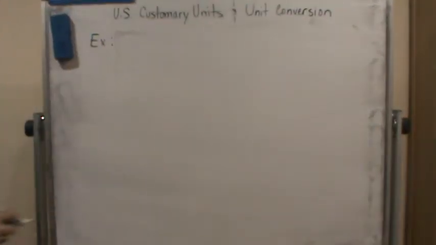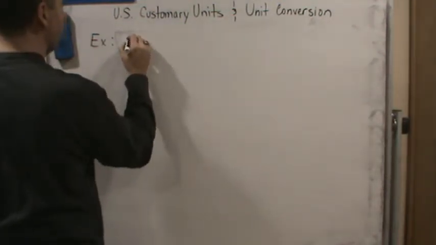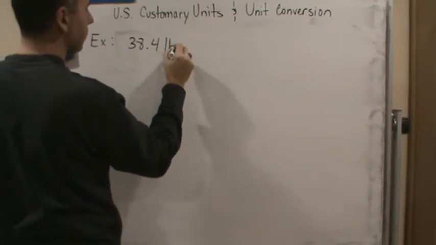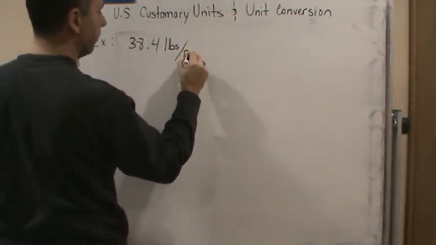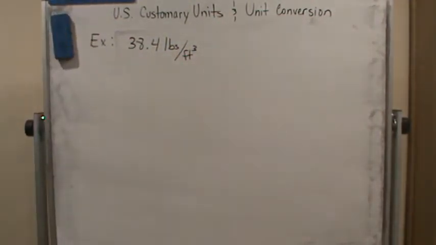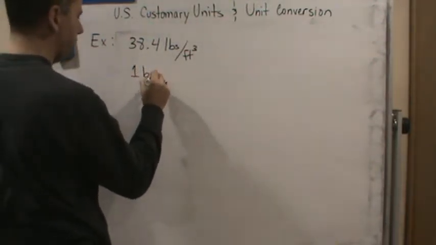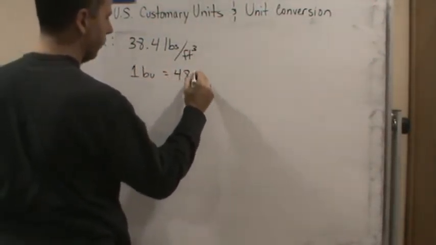So we know the density of barley is 38.4 pounds per cubic foot. One bushel of barley weighs 48 pounds. So we know 1 bushel of barley equals 48 pounds.